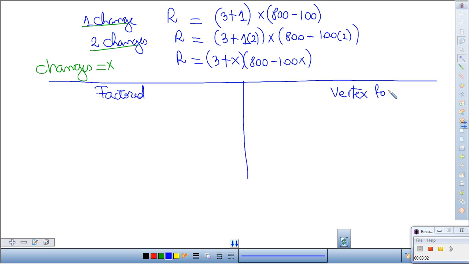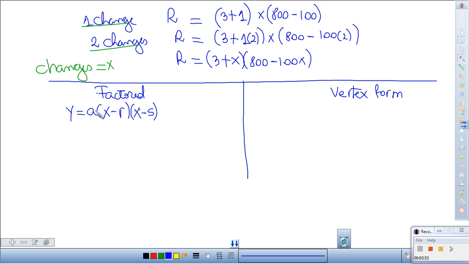And on the test, please choose the method that you are most comfortable with. Well, I know my function in factored form is y equals a times x minus r times x minus s.